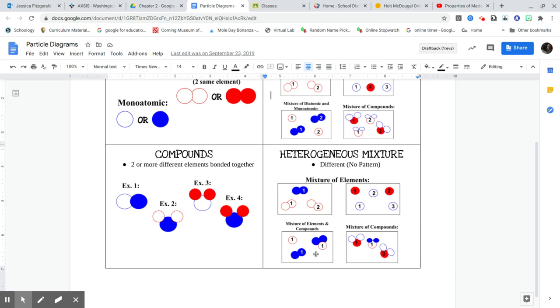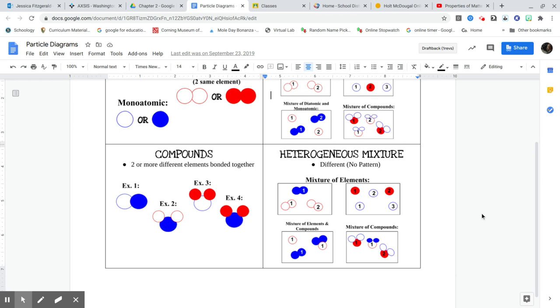Here we have a mixture of elements and compounds. So we have a monoatomic, we have a diatomic, and we have a compound, and it's not the same number. It's all different. Okay. And then our last one here is a mixture of compounds. So we actually have 2 compounds, and then we have 1 different compound.